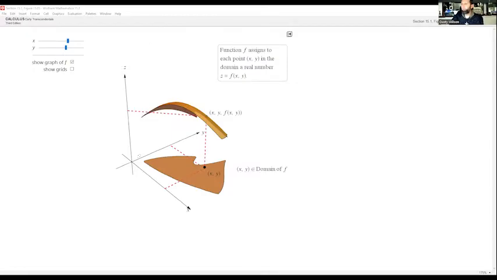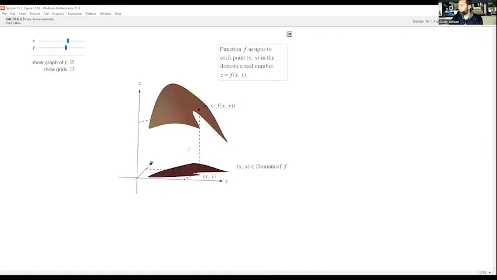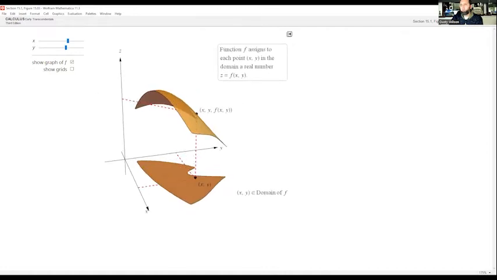Okay, so this is just kind of the caution. Let's look at a manipulate to better understand what's going on here. In this picture, notice that on the ground floor, if you will, that'd be this region here, we have our domain. And up above here, we have our surface.